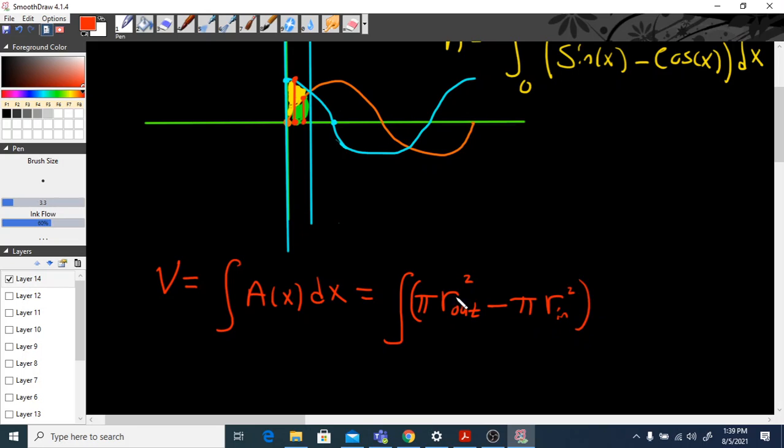When I integrate this, that gives me the volume of the inner radius there. So when I subtract the two, I just get the volume of the yellow region. This is called the washer method, volume by washer.